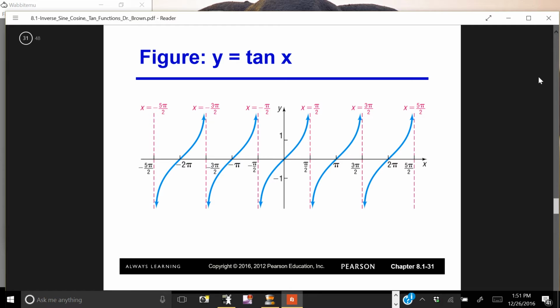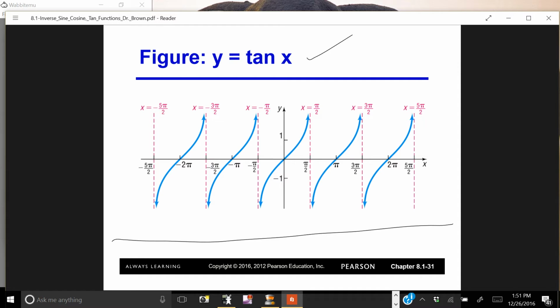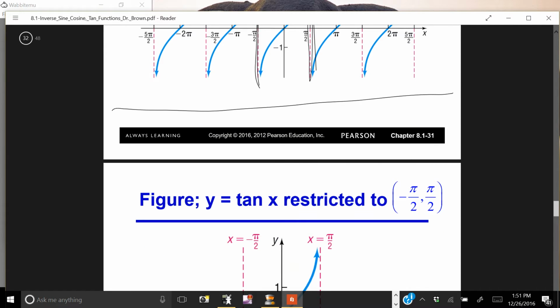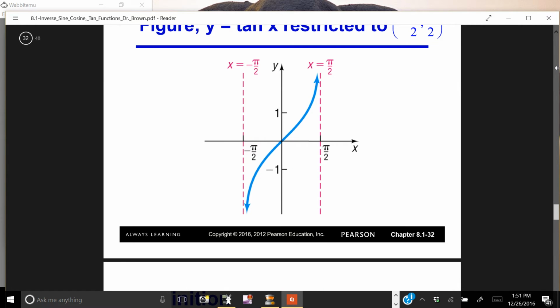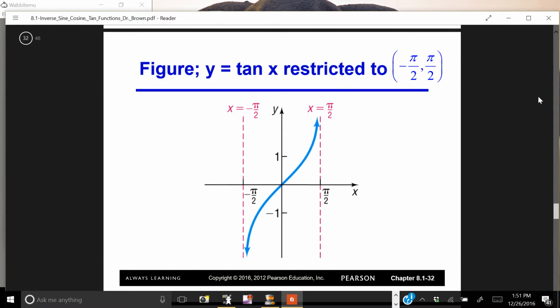Now, the last inverse function we're going to look at is the tangent function. You recall that the tangent function is periodic with a period of pi. So obviously it doesn't pass the horizontal line test, but if we restrict it to minus pi over 2 to plus pi over 2, we can define the inverse tan function.